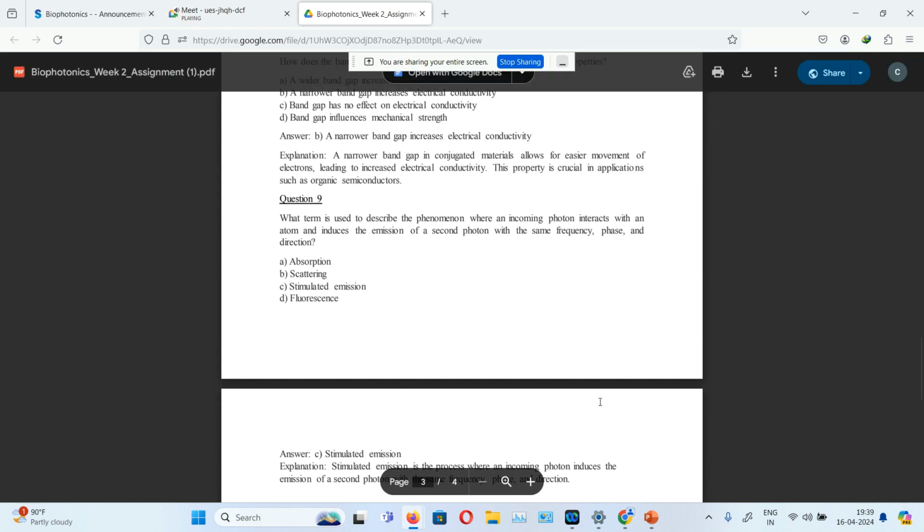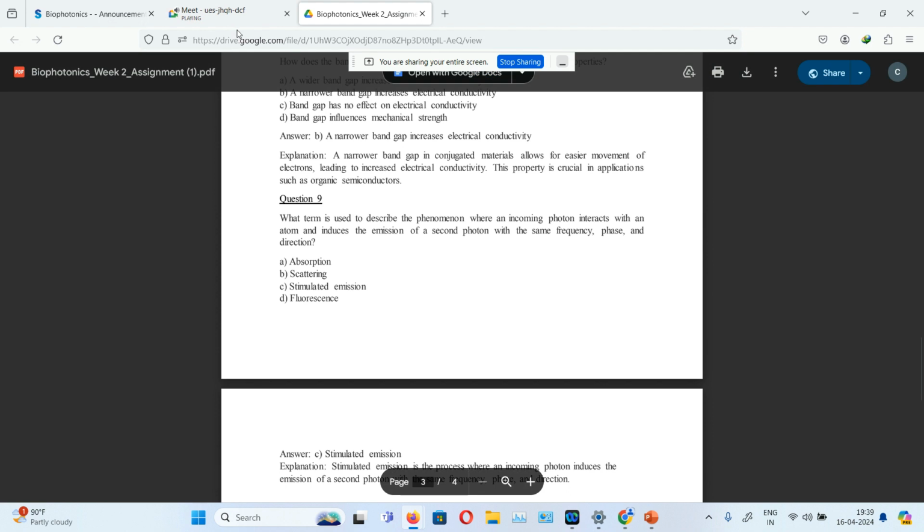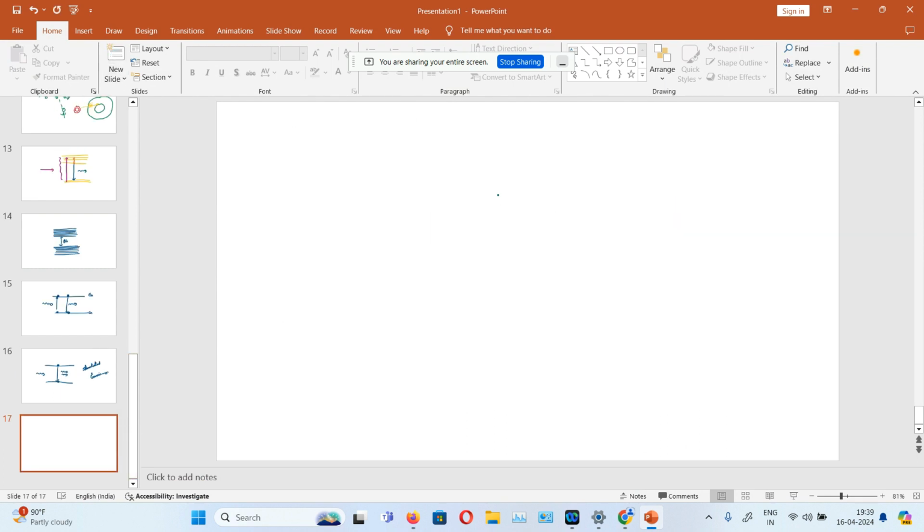Stimulated emission is the process where the incoming photon induces the emission of a second photon with the same frequency, phase, and direction. So what is the usage of stimulated emission? Now, I have a material which can induce stimulated emission. I have a lot of electrons in the excited state, and I give one photon.